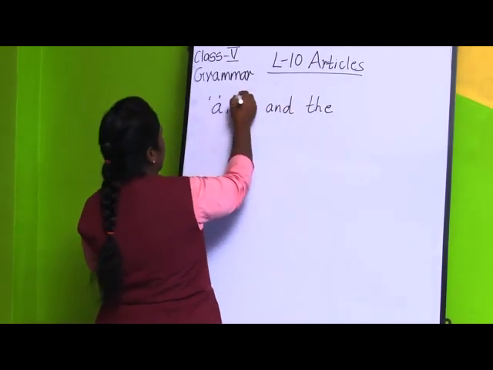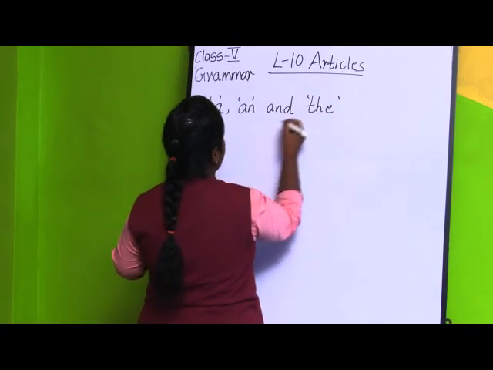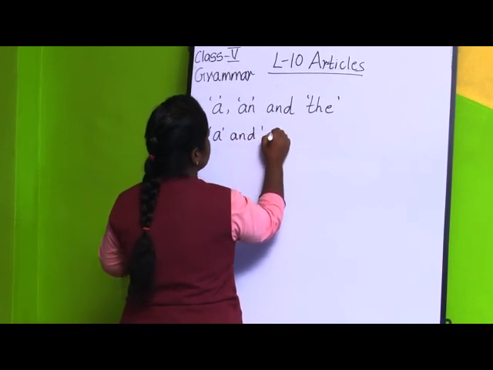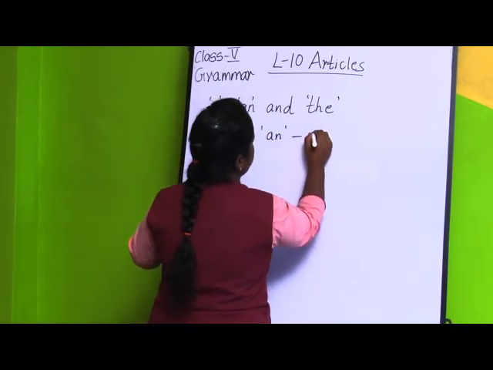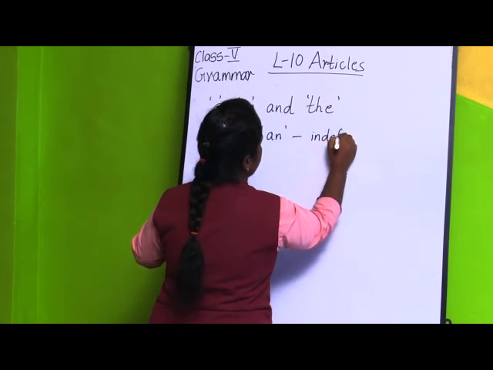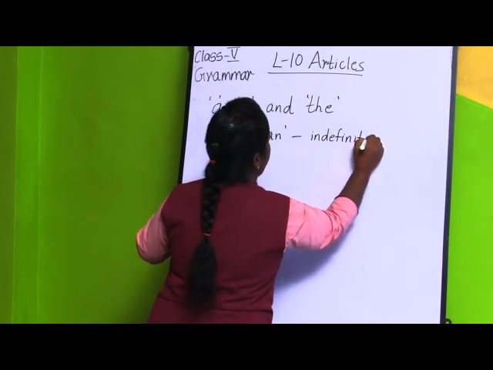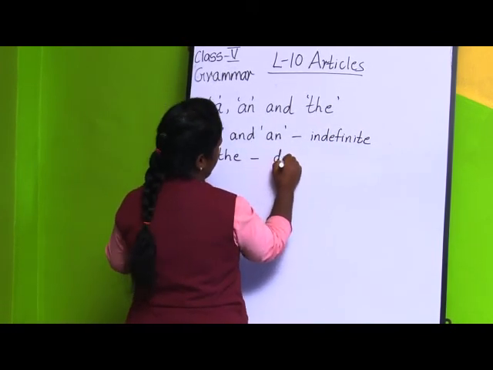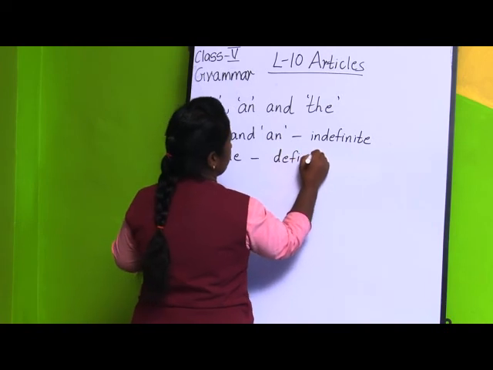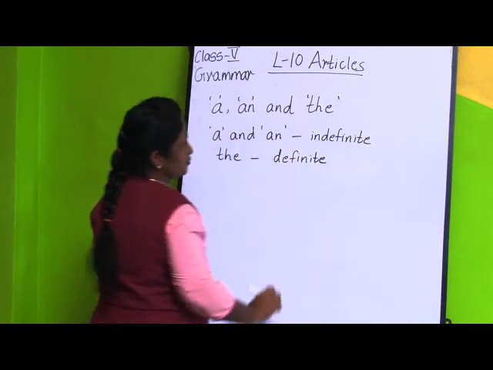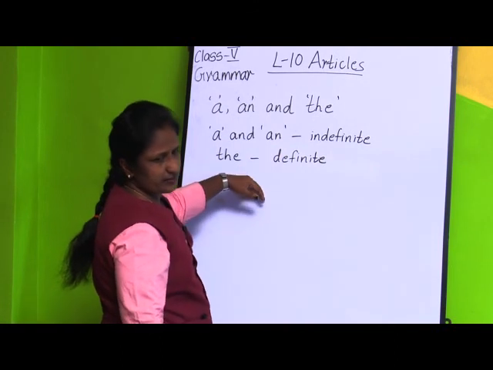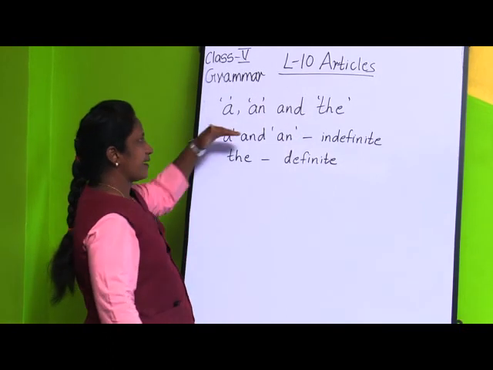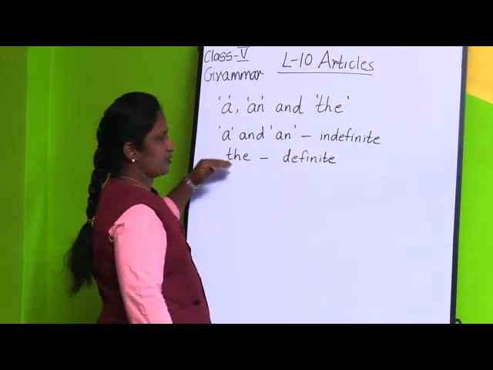A and an are indefinite articles, and the is the definite article. These are the two types of articles we can say, that is indefinite and definite. In indefinite we use a and an, and in definite we use the.